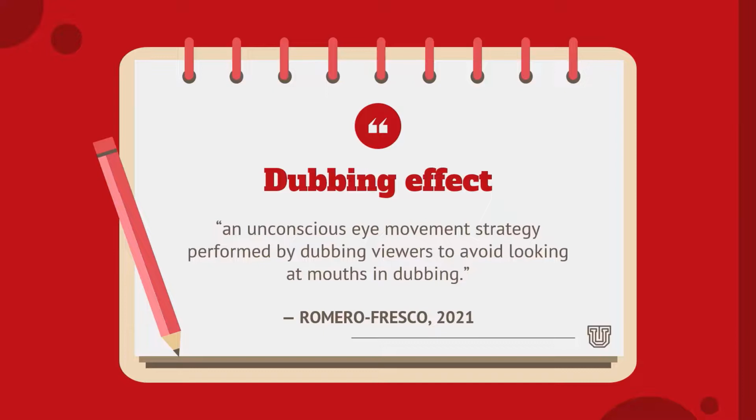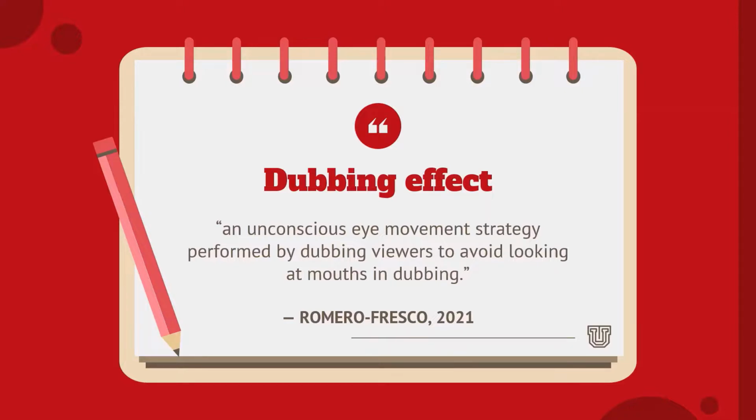But in the case of people watching an English movie dubbed into Spanish, they were subconsciously avoiding looking at the character's mouth. So the ratio ended up being like 95% of the time on eyes and only 5% on mouth.